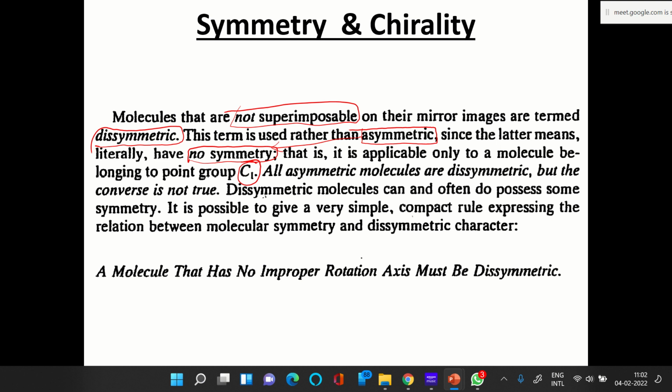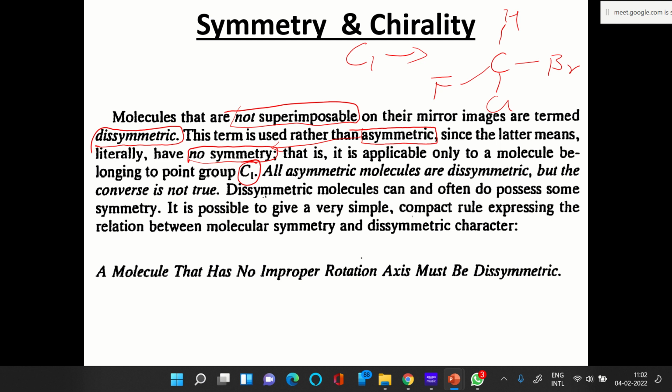If a molecule belongs to the C1 point group, just like a carbon attached to different H, Br, Cl, F, this is a C1 point group. Definitely its mirror image is not superimposable over it. This doesn't have any symmetry element, so it is asymmetric, and because its mirror image is not superimposable, it is also dissymmetric.